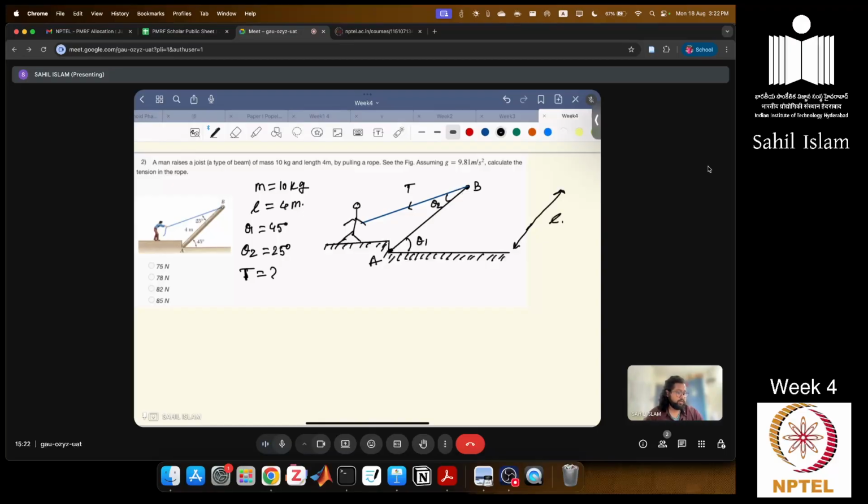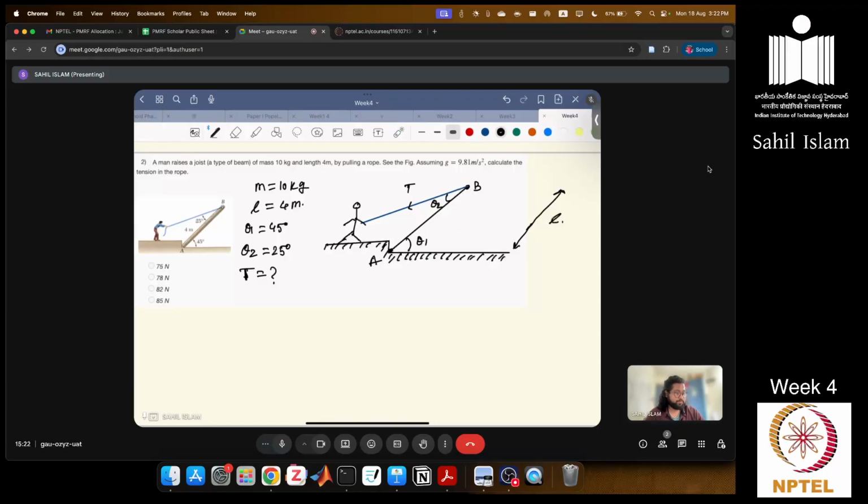Now you see this beam has a mass, so it has a weight. This weight is trying to fall like this, and this man is pulling it like this. So there will be a balance of torque here. So the man is giving some torque here, and the beam is giving some torque here.